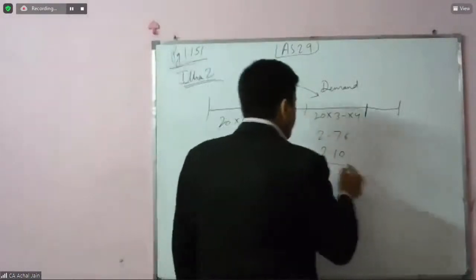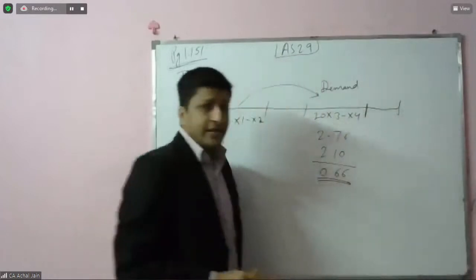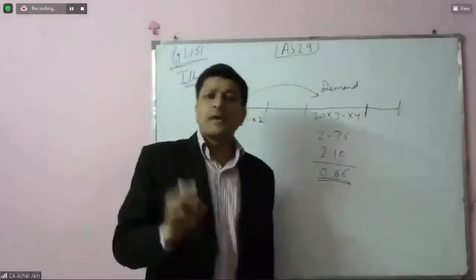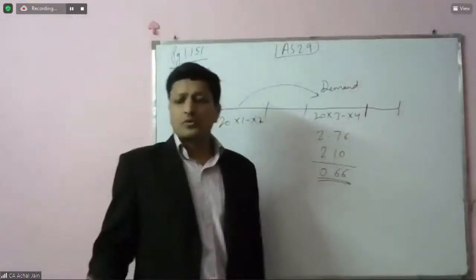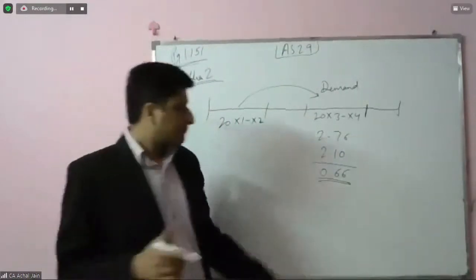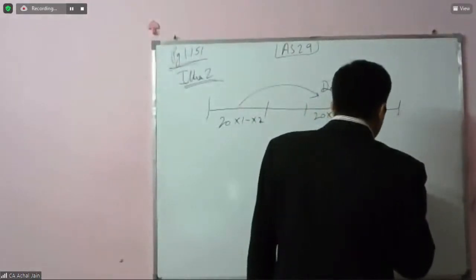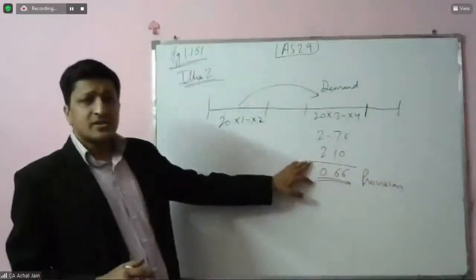Means 0.66 is the amount over which there is no dispute. This seems to have been accepted by the company. So if the company has accepted this amount, what should the company do? The company should create a provision for this, because over this there is no dispute. So this needs to be recognized as an expense in the financial statements.